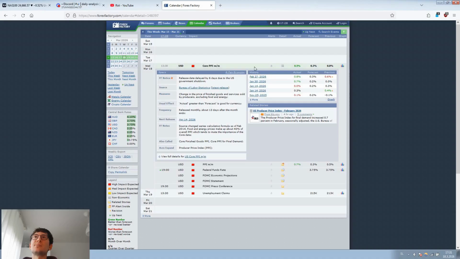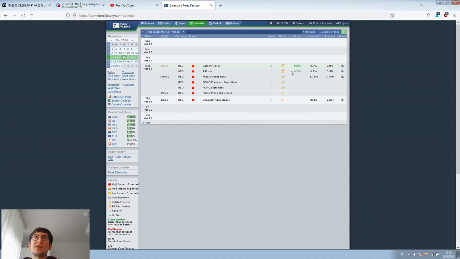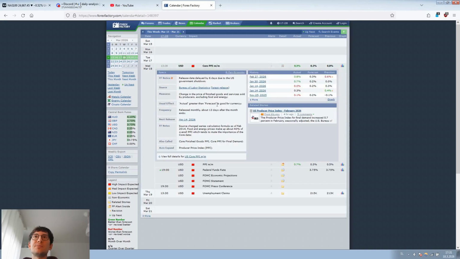So in our case, what did we have? Both of the events that got reported at 1:30 were better than forecasted, which means the numbers were greater than forecasted, which means this is good for currency, which means that it's bad for the index, okay?